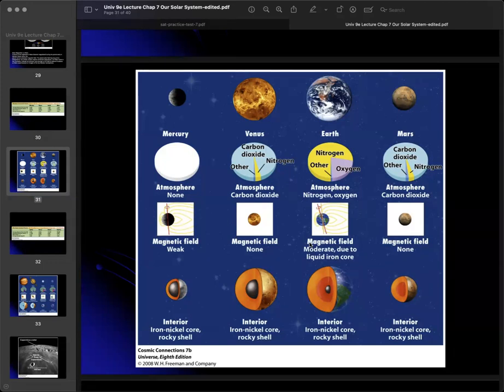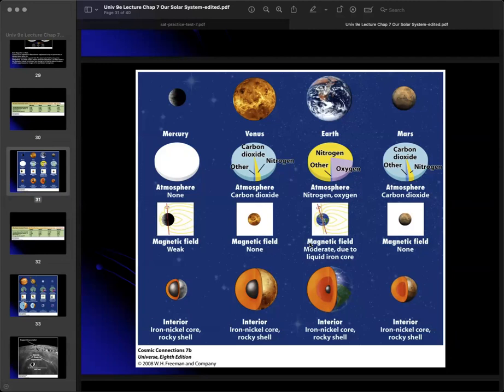Now, the other similarity is a huge amount of carbon dioxide. The atmosphere being made up mostly of carbon dioxide, and that similarity you can see in Venus and Mars.